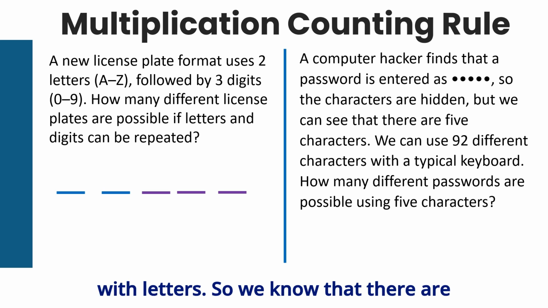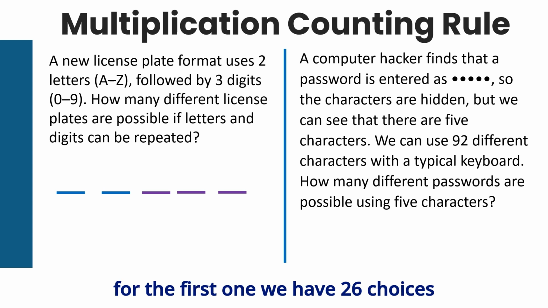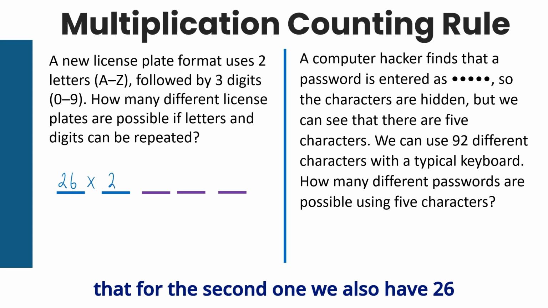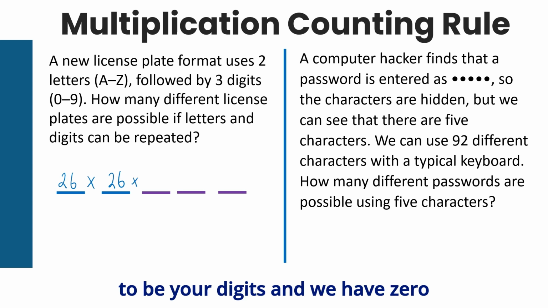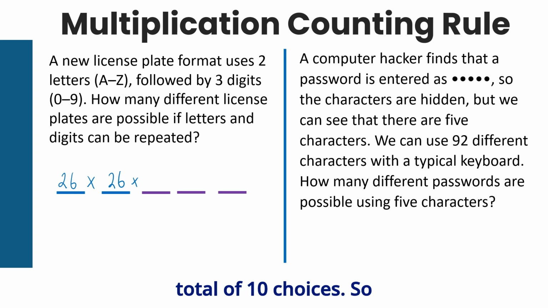So we know that there are a total of 26 letters, A through Z. So for the first one, we have 26 choices. And because letters can be repeated, for the second one, we also have 26 choices. And then the last 3 are going to be your digits, and we have 0 through 9 to choose from, and there are a total of 10 choices.